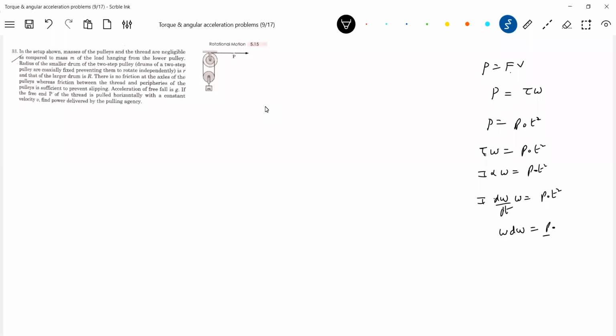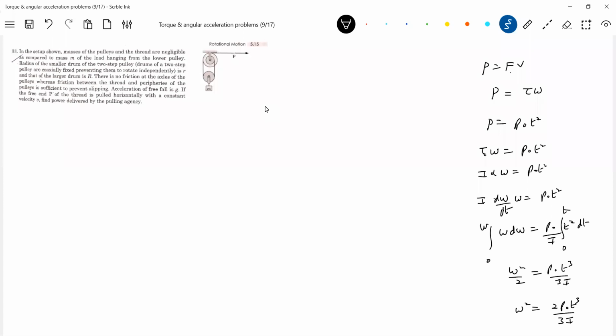So omega d omega equals P naught by I, t square dt. Then integrate from 0 to t, or if you're having any inequality, put that in. So omega square by 2 equals P naught t cube by 3I. So what is the angular velocity? Omega square equals 2 P naught t cube by 3I. Like this, the angular velocity as a function of time will come.